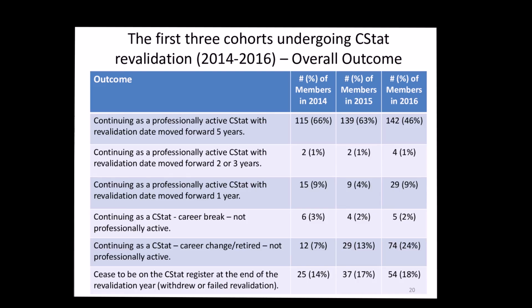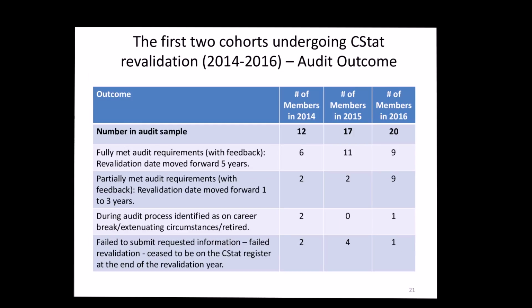And from the final row in the table, it will be seen that between 14 and 18% each year withdraw or fail revalidation, primarily because they fail to respond to multiple communications, but for some, because they contact us and indicate that they do not wish to continue to be chartered. So these figures include everyone, and the next slide shows the specifics for those who were audited.